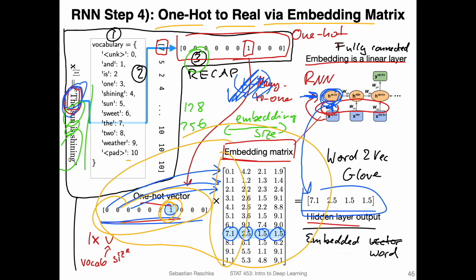So to make this efficient, there is actually a torch.nn.embedding layer that just does the lookup. Instead of really doing the matrix multiplication between this one and this one, it just uses the index 7 here, and says, okay, just give me the value corresponding to index 7, look it up in the embedding matrix, and put it here. So in this way, we don't have to do the whole matrix multiplication. It's just a lookup table.